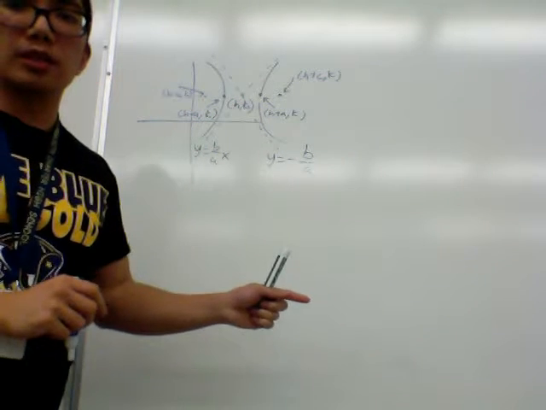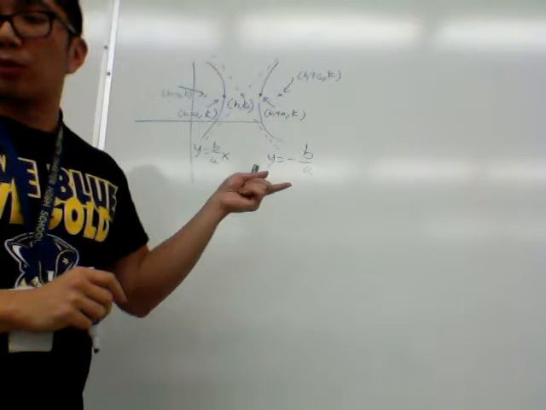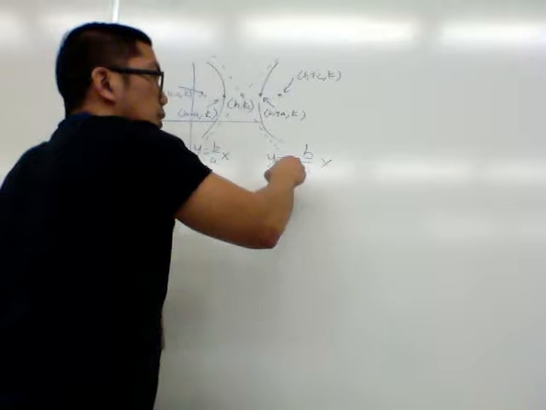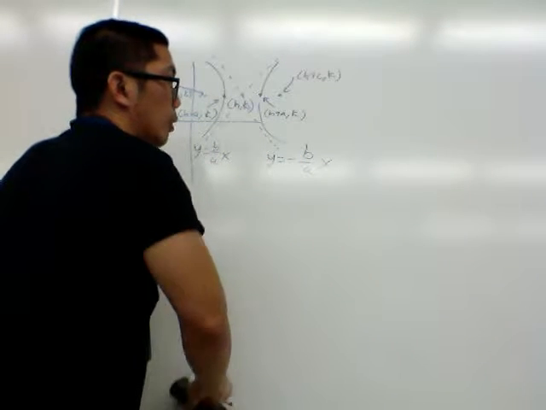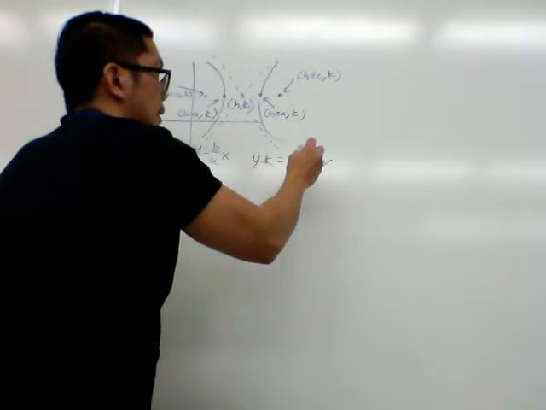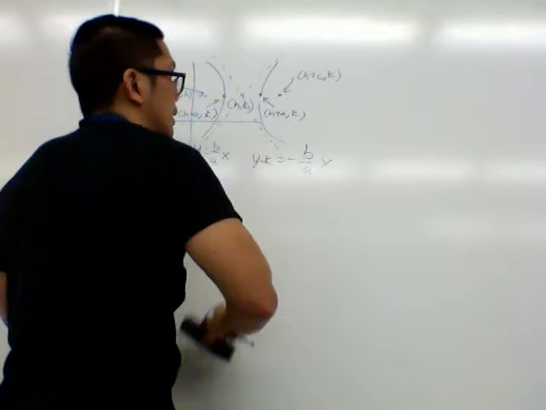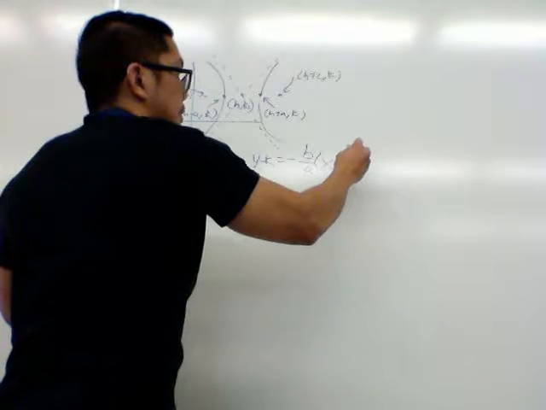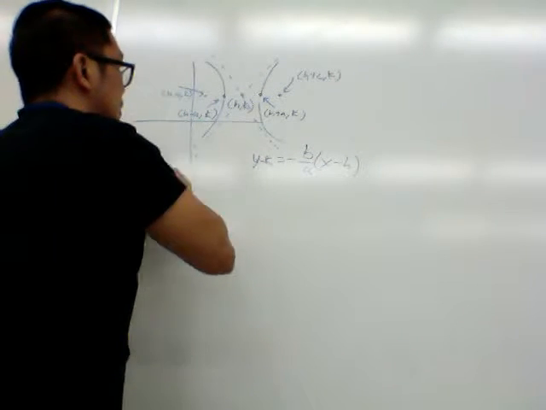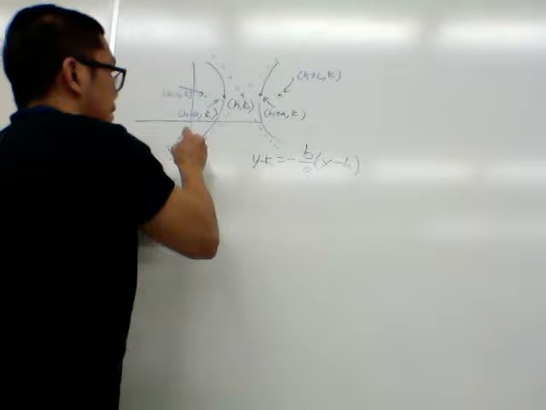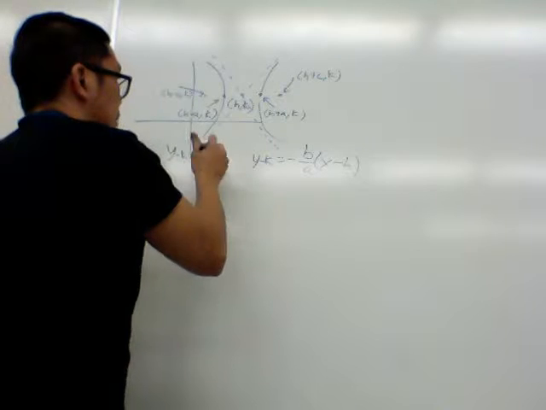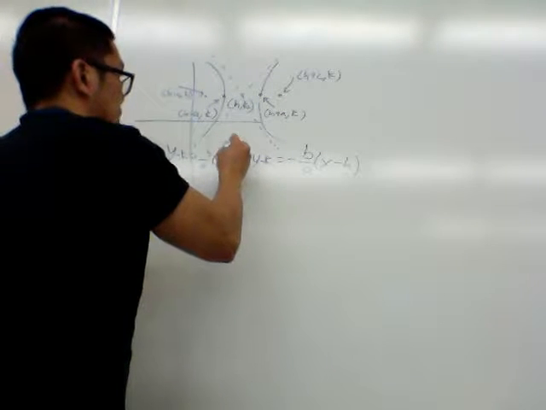But guess what changes when I just move my origin? Instead of just y equals negative b over a x, this becomes y minus k equals negative b over a times x minus h. And then this asymptote here becomes y minus k equals positive b over a times x minus h.